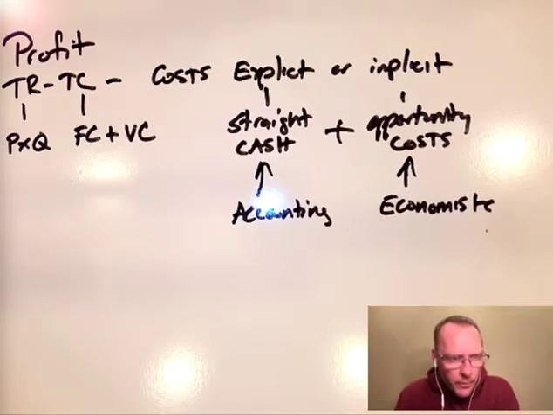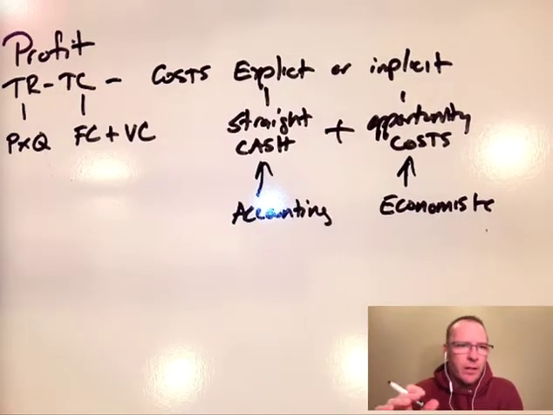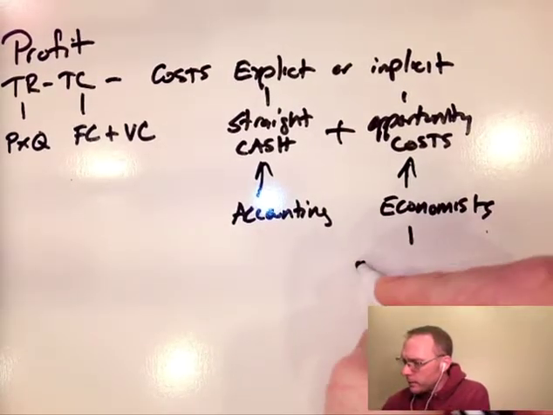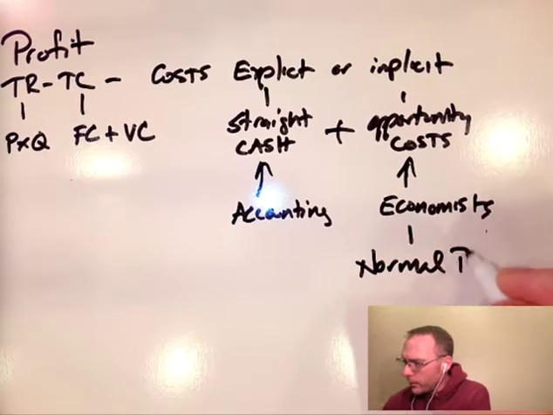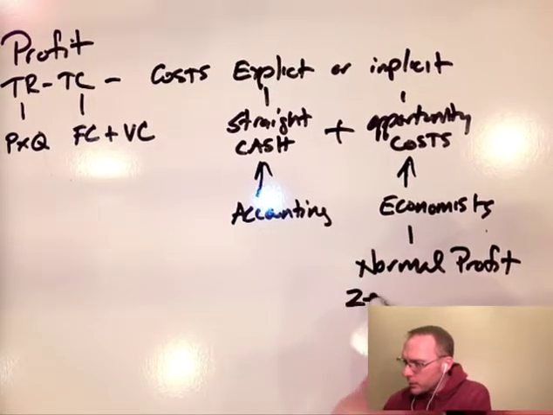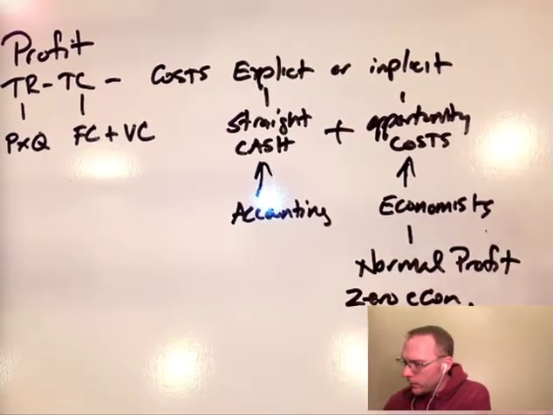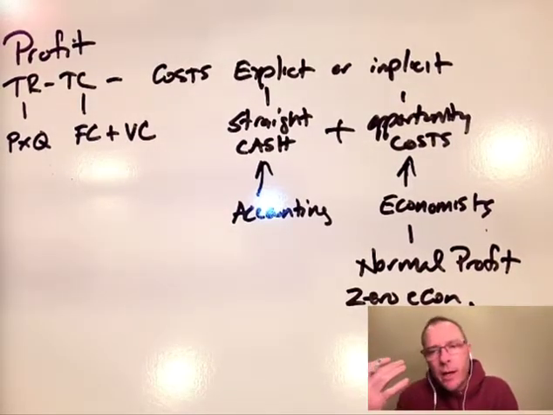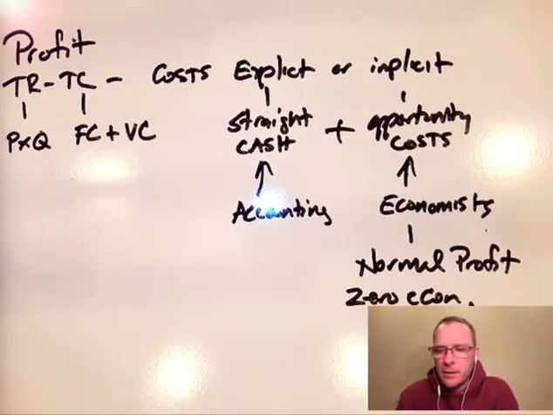Then as you went through your PowerPoint, it talked about accounting versus economic profit. And remember, economists are looking for normal profit, which simply means zero economic profit. That zero economic profit is a big deal because it looks like, hey, that's not very much, but in the end, it's as best as we possibly can do.